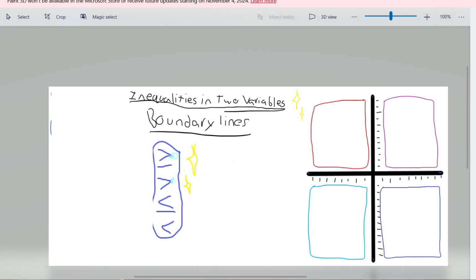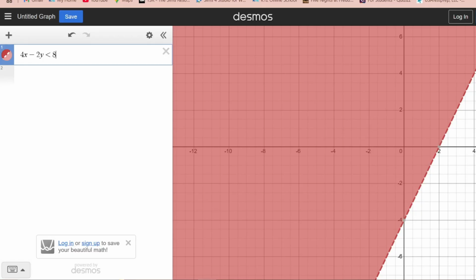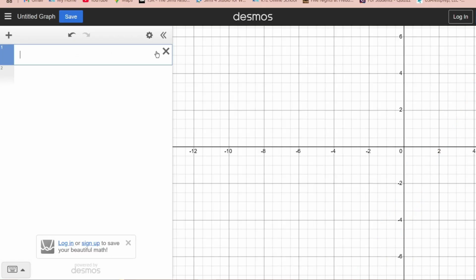And we've learned that these two guys mean a dotted line, and these two mean a normal, plain old line. And once again, you can use any graphing calculator. I used Desmos specifically.